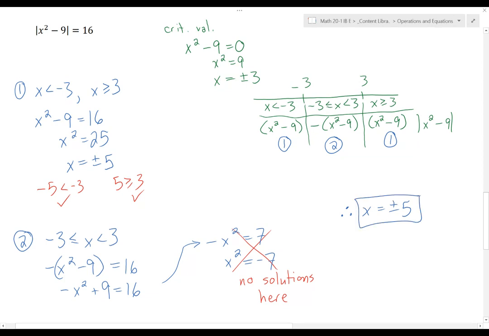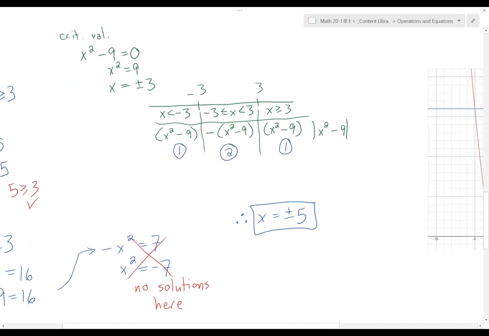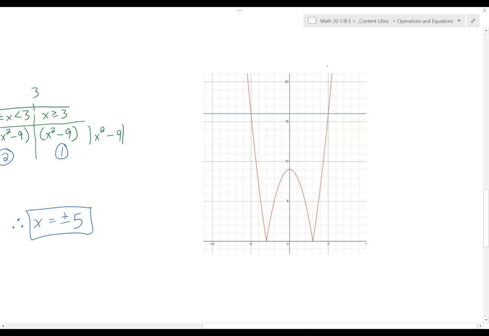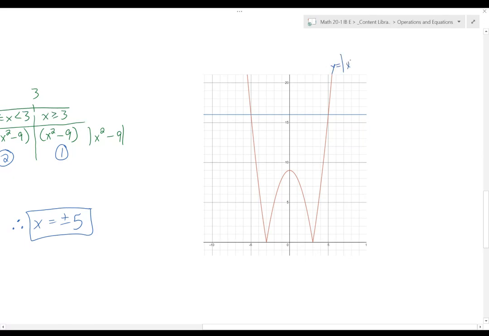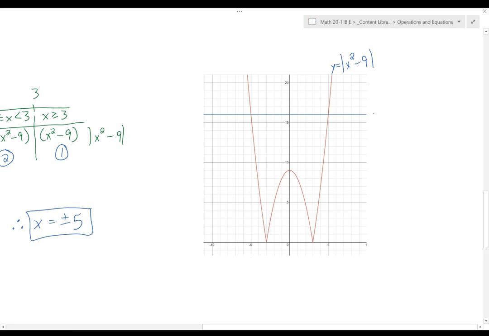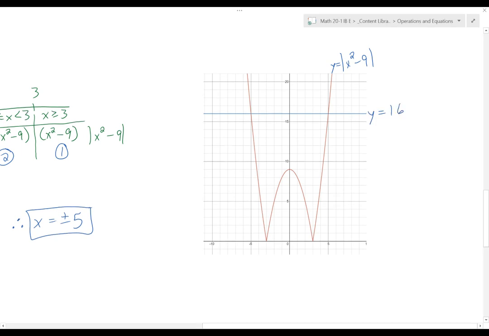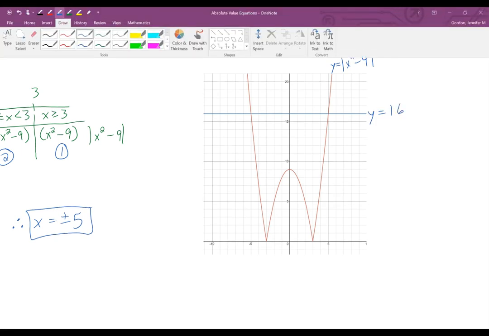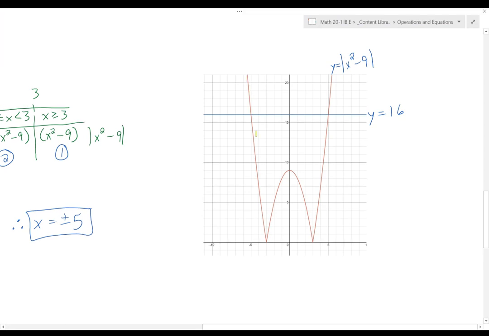Again, we can look at a graph to help us make sense of why that is. So in red, I've got y equals the absolute value of x squared minus 9. We saw in our last unit why that is. It's basically just the parabola that's been folded up along the x-axis. And we've got y equals 16. We can see the part that is represented by the original parabola is the part that was already above the x-axis.